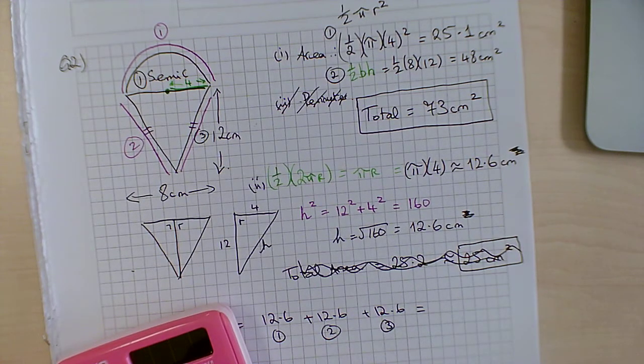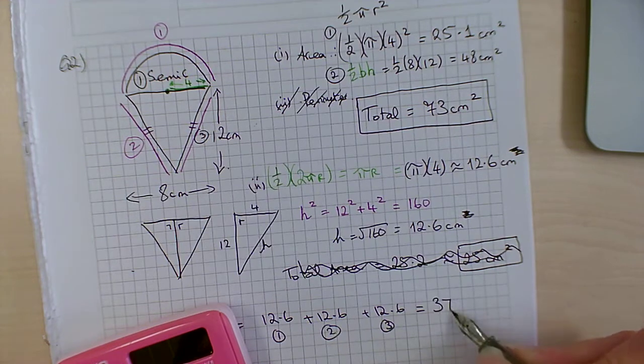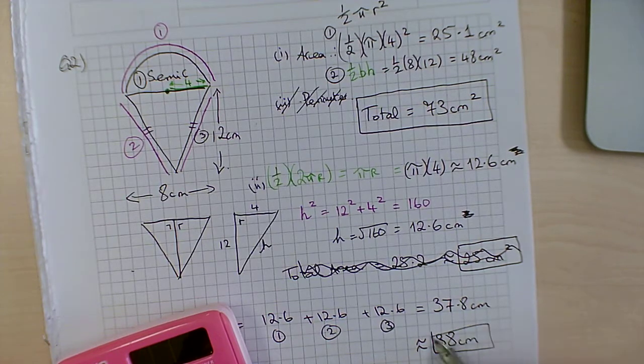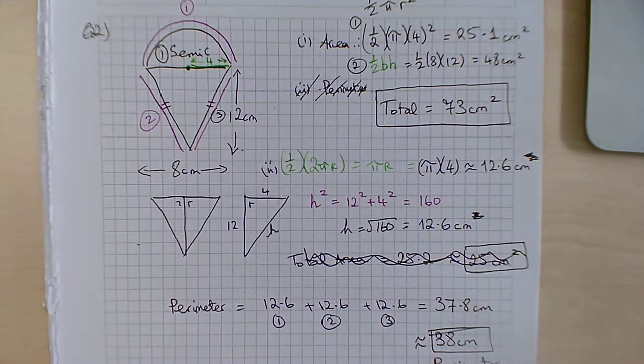And we get 37.8 centimetres, and they wanted it to the nearest whole number, 38 centimetres for the perimeter. That was my fault there, I got distracted by thinking about area. Okay, so that's the second question.